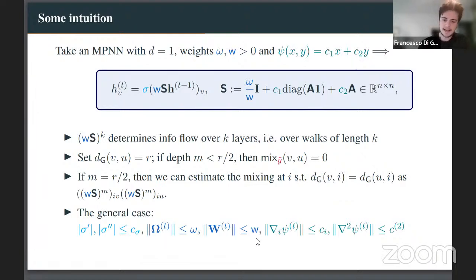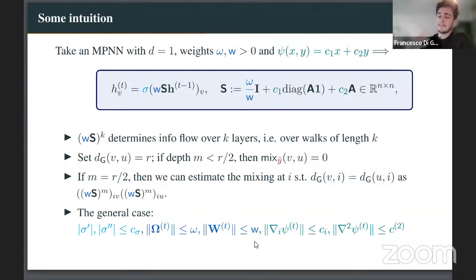Then we take omega and W to be the maximal operator norm of the weight matrices, big omega and big W. Again, this is always satisfied in practice. Whenever we do training, the weight matrices will not explode, will stay bounded.